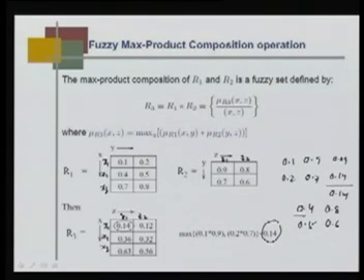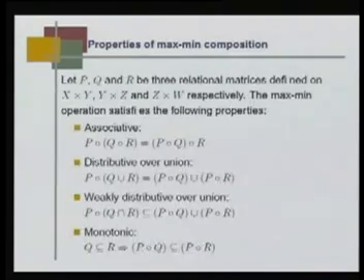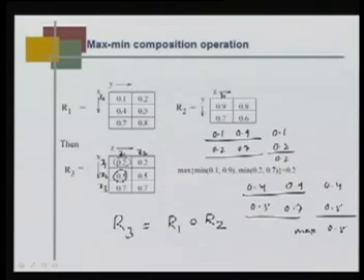If I multiply, I get 0.4 times 0.8 is 0.32, 0.5 times 0.6 is 0.3. So, the maximum is 0.32. So, you see that this is the answer here, the R3, and if I go back and look at the R3 here, it is different.